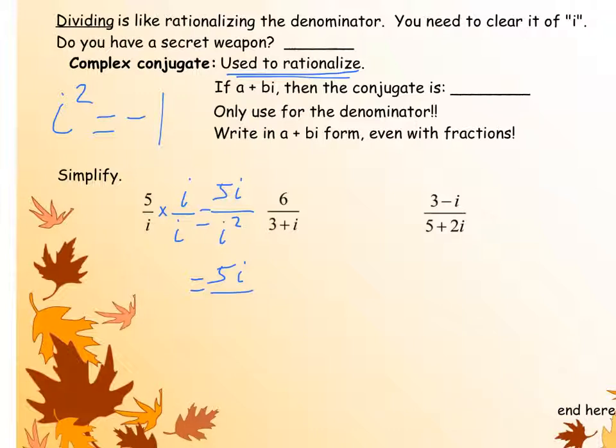It did not, because at this point I can take that i squared out. All of a sudden my denominator is negative 1. That looks so much better. And in fact, I don't even need a denominator, because 5i divided by negative 1 is just negative 5i. Okay? That's one way to rationalize a denominator, to get rid of it altogether. Just exactly what I did there.